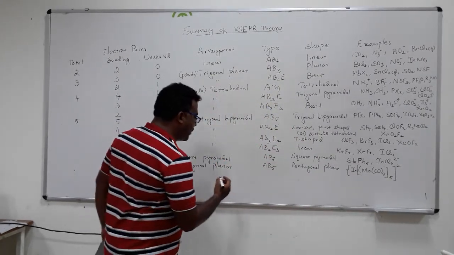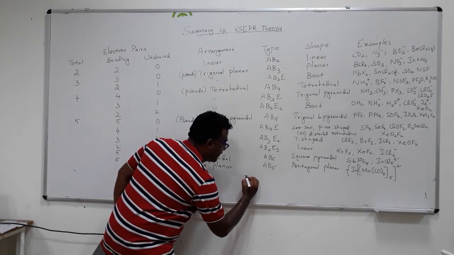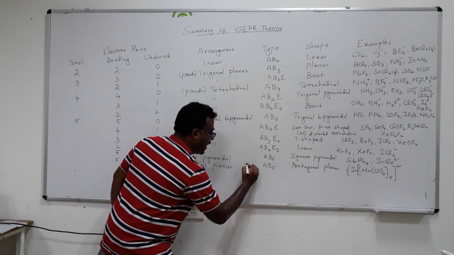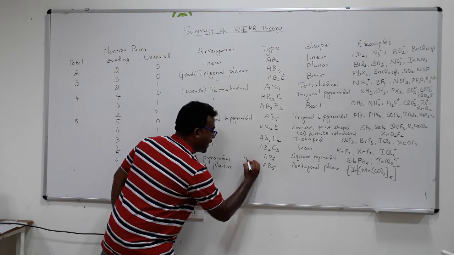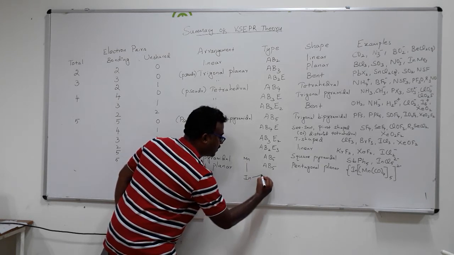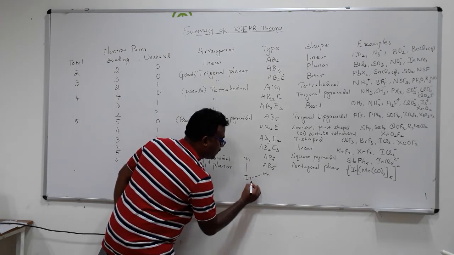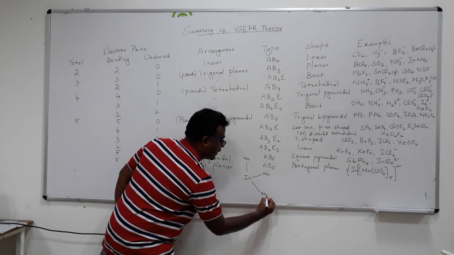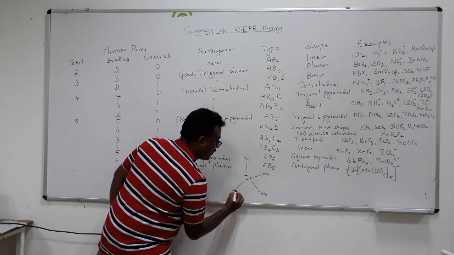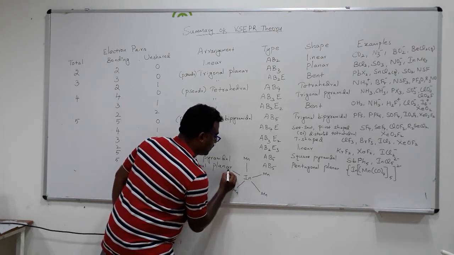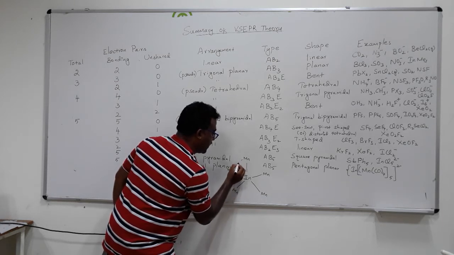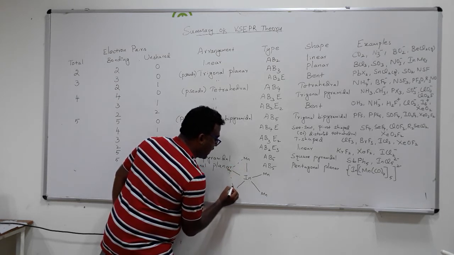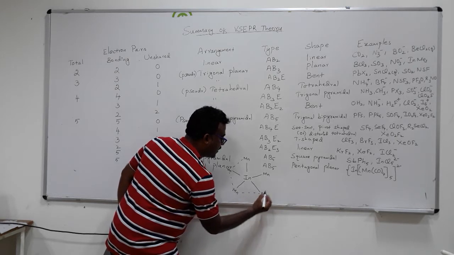How does the geometry look? The central atom is the indium atom and it has pentagonal Mn. If we connect all of them, it forms a pentagonal shape.